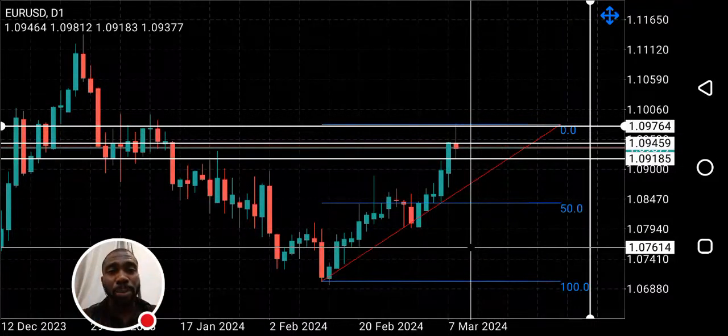And you don't have to trade both. You can decide to just trade one, but you just ensure that the pattern you're seeing on both charts is the opposite. I hope that is clear.